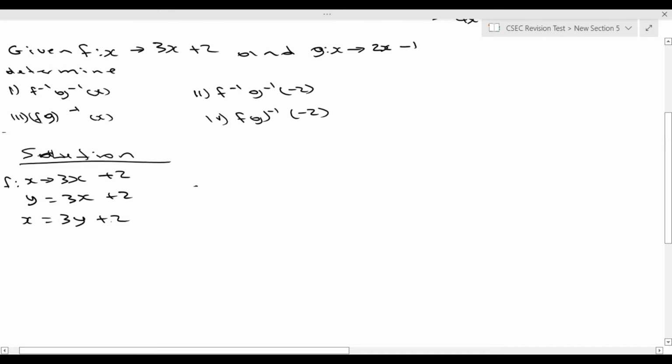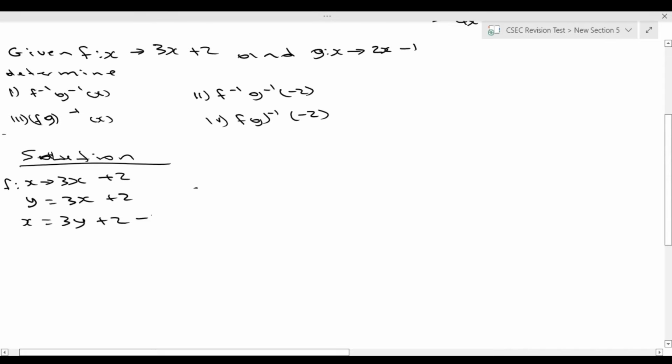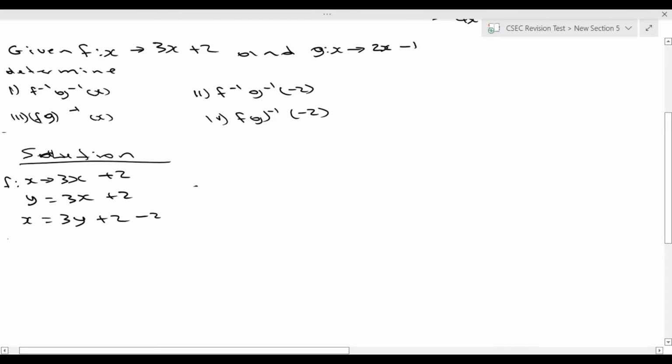Now for the inverse, we see 3 being multiplied by the y and then being added to the 2, so we're going to start by doing the opposite of what we have. We see a 2 is being added, so we're going to subtract 2 on this side and do it on this side, so it'll be x minus 2 is equal to 3y.